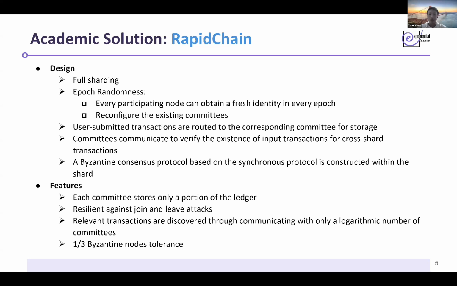Additionally, it takes into account the dependencies between transactions and designs specialized routing and communication methods for committees to validate cross-shard transactions. RapidChain uses a Byzantine consensus algorithm based on a synchronous protocol, which increases the tolerance for Byzantine nodes to up to 1/3 of the total nodes in the network.